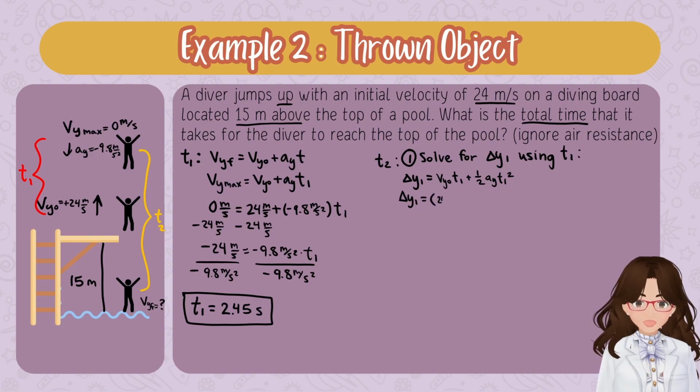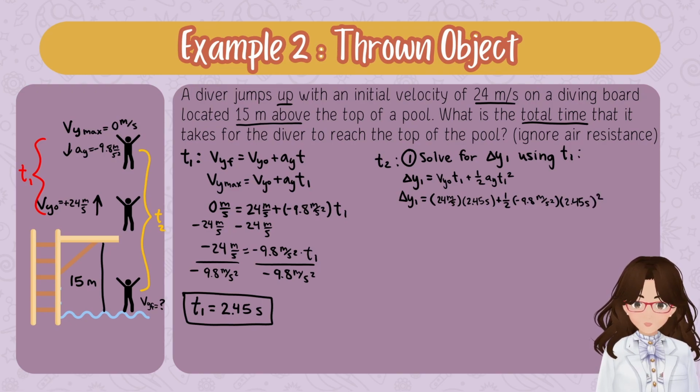I'm going to have 24 meters per second times 2.45 seconds plus 1/2 times negative 9.8 meters per second squared times 2.45 seconds squared.